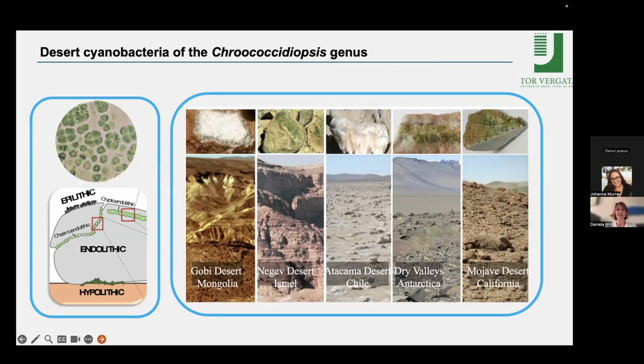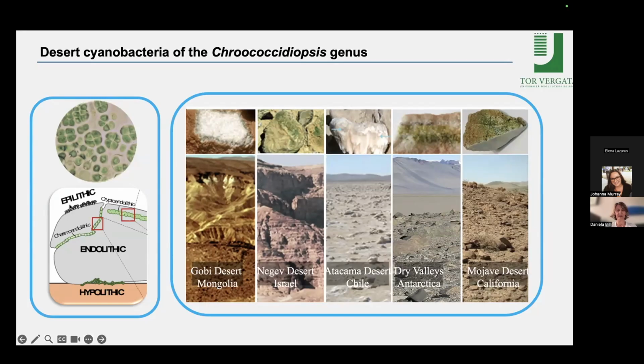These cyanobacteria live in the most extreme environments on Earth, like hot and cold deserts. In these places, the conditions are so extreme that they can survive only by taking refuge inside the rock.